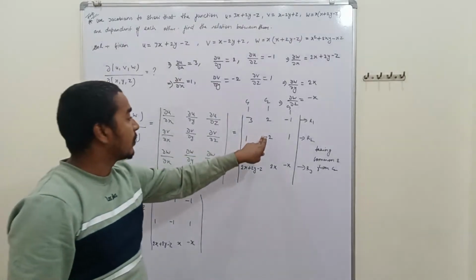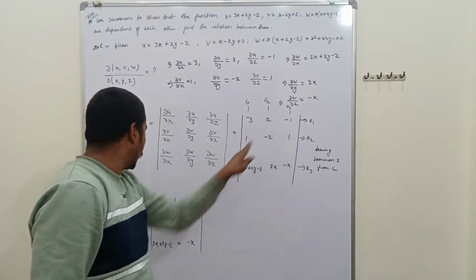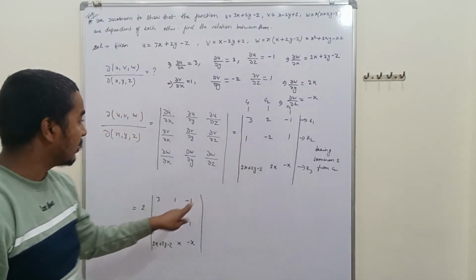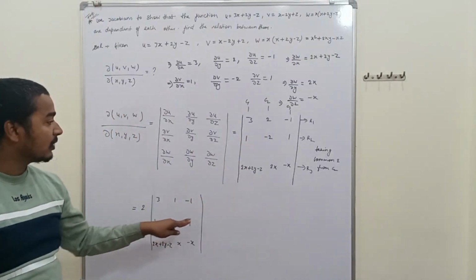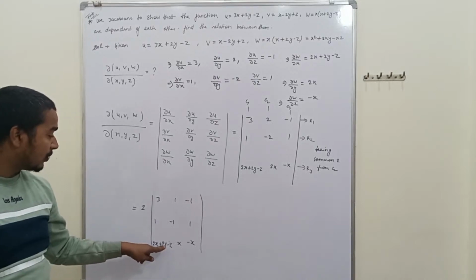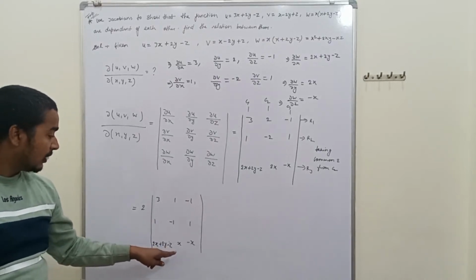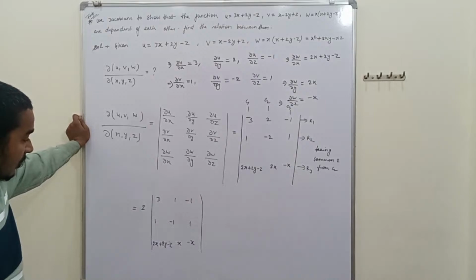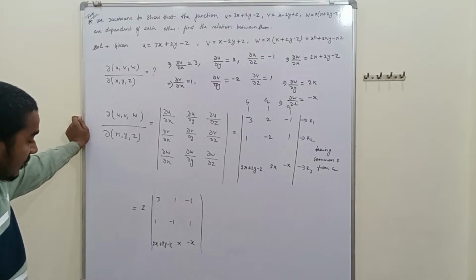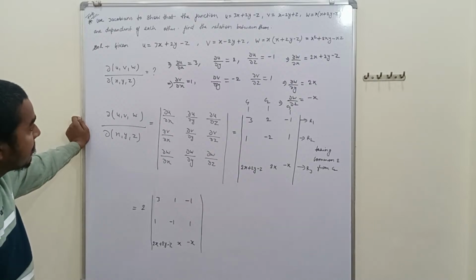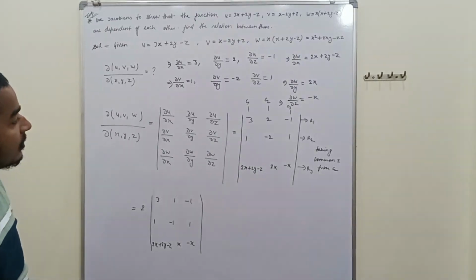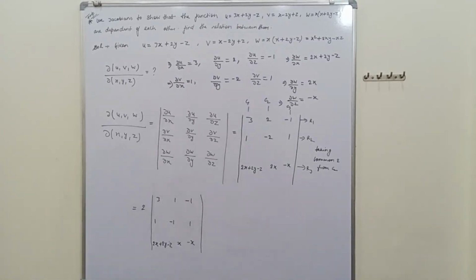Taking 2 common from C2, that is 3, 1, minus 1, 1, minus 1, and 2x plus 2y minus of z and minus of 2. Once again, taking C2 common.